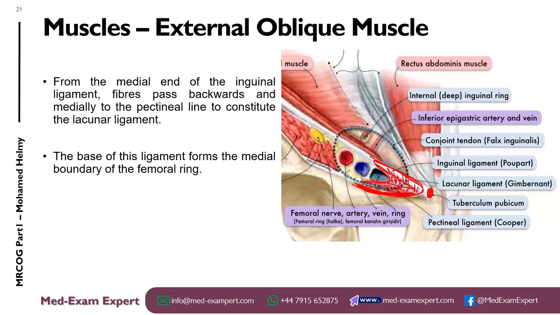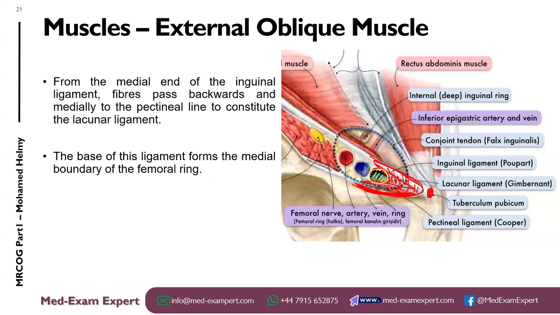This is the lacunar ligament, which is making the medial boundary of this ring, which we call the femoral ring. And I'm going to explain more about the lacunar ligament and the femoral ring in a while, okay?